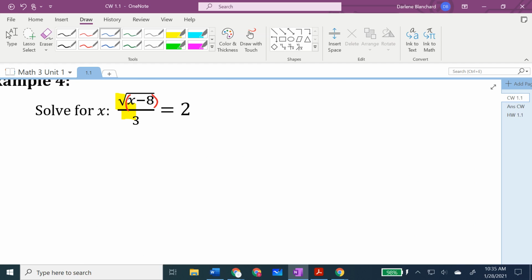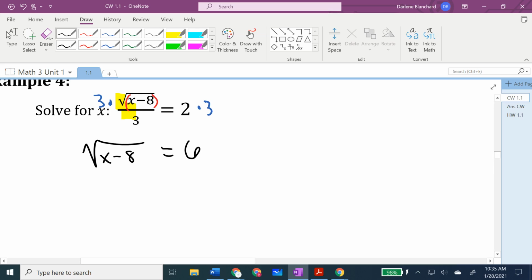And I undo division by multiplying by 3. And then once you do that, you stop, you look at what you have. You want to remember that there's a parentheses here. That subtraction is too strong, cannot be split up right now because it's not a subtraction, it's a parentheses.